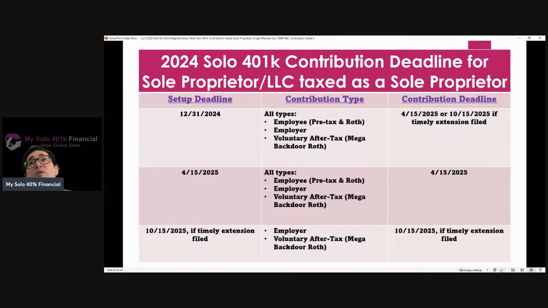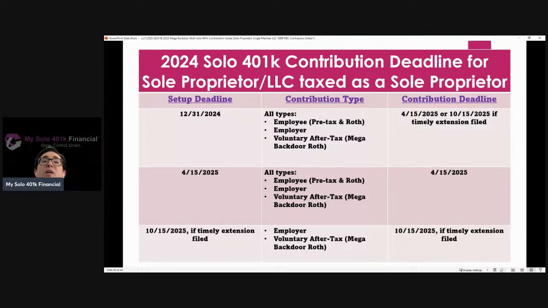But even for those who didn't either have a plan somewhere else or sign up with us by the end of the year, so you're setting up a new plan here in 2025, there are still options to be able to make 2024 contributions. For a business taxed as a sole proprietorship, or an LLC taxed as a sole proprietorship, as long as the plan is set up and accounts are opened in time to make contributions by April 15th, that individual can still make all contributions for 2024, whether employee, employer, or voluntary after-tax, by April 15th.